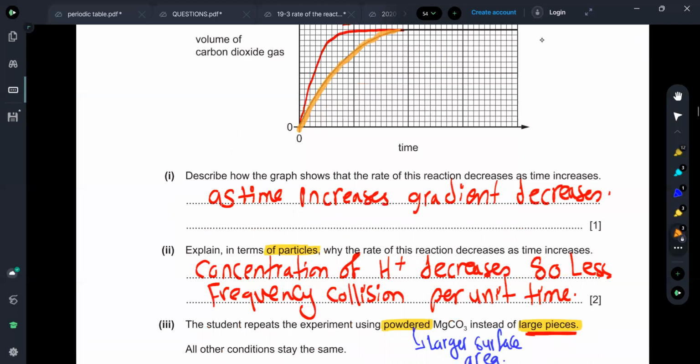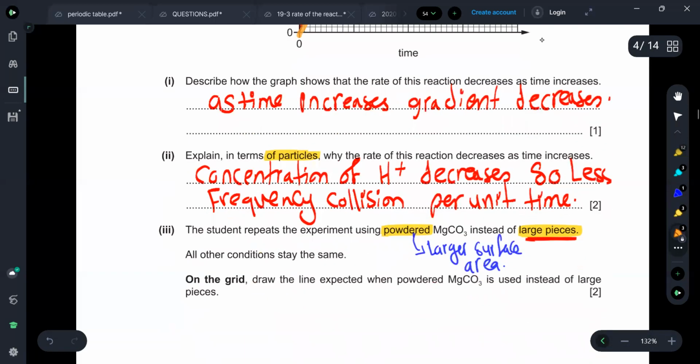Second question: explain in terms of particles why the rate of the reaction decreases as the time increases. As the time increases, the concentration of each ion decreases, so there are less frequent collisions and less chance of successful collisions per unit time.